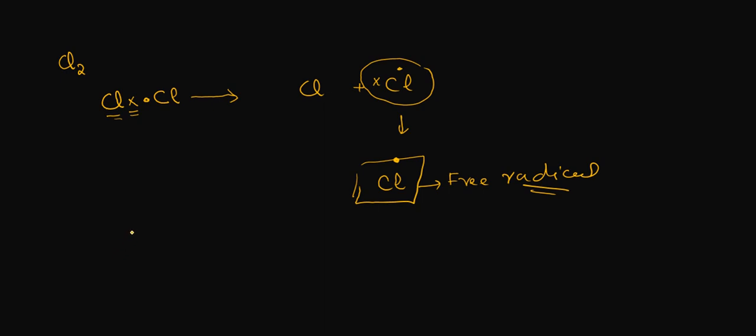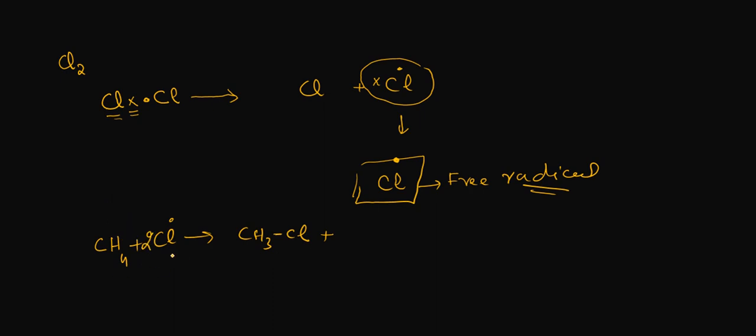If we take the example of methane, when methane reacts with a free radical, it substitutes one of its hydrogens, forming CH3 and chlorine. These are two free radicals.